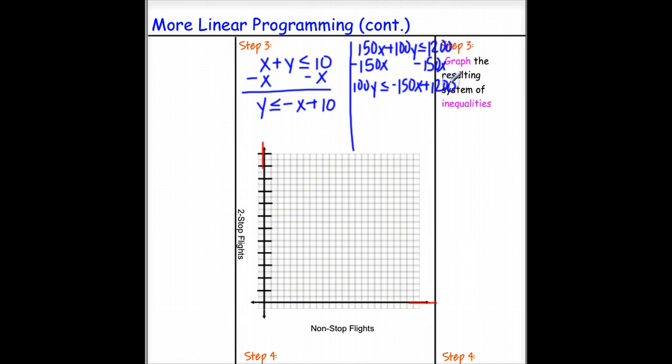And I apologize for writing into the margin. Then I want to divide both sides by 100. Remember, I'm dividing by a positive, so I do not need to flip the sign.